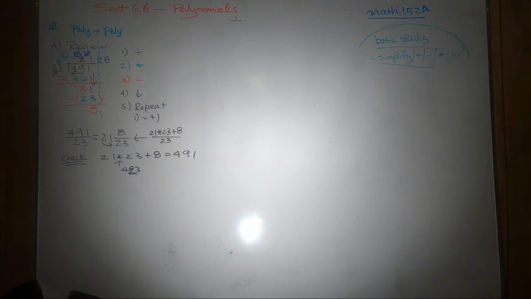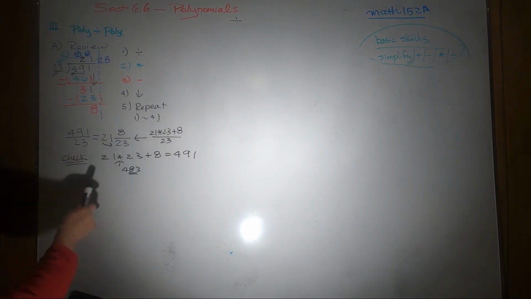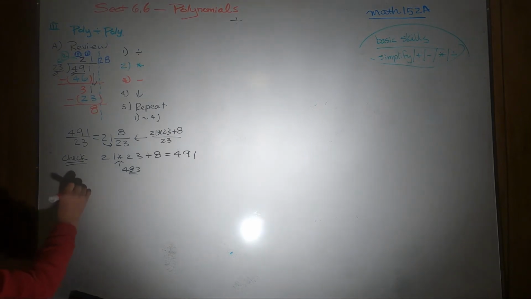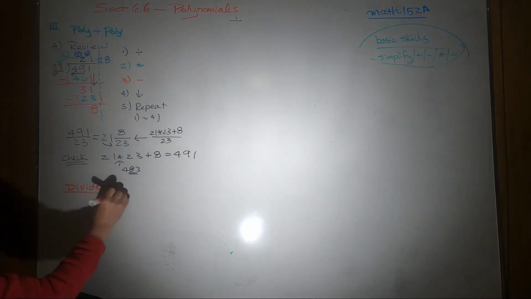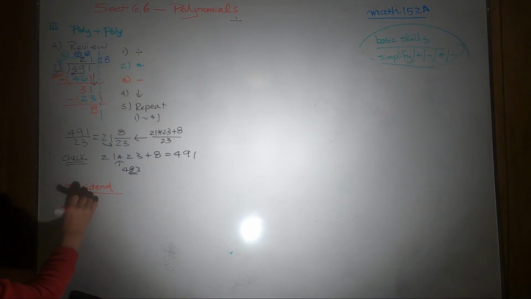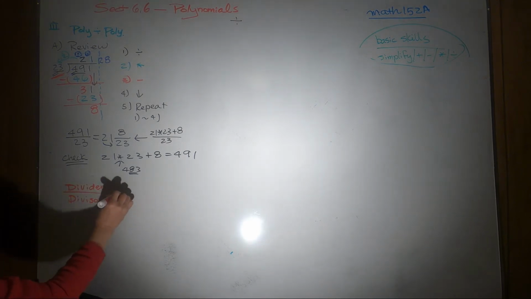That's for checking. The number inside we call the dividend. Divided by the denominator, we call it the divisor.